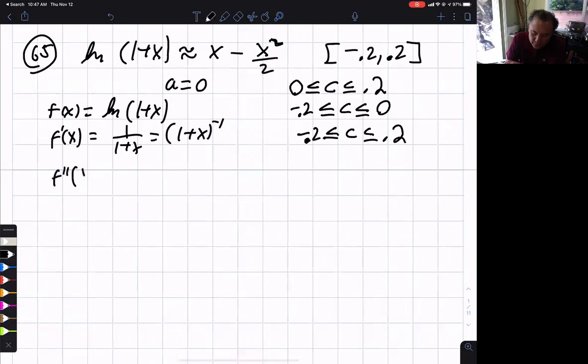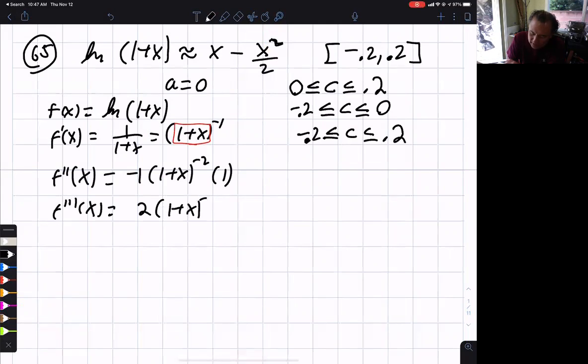I take the second derivative using the chain rule: negative 1 times the box to the negative 2 power times the derivative of the box, which is 1, so it doesn't change anything. And then the third derivative is 2 times (1 plus x) to the negative 3 times the derivative of the box, which is 1. So that's just 2 over (1 plus x) cubed.